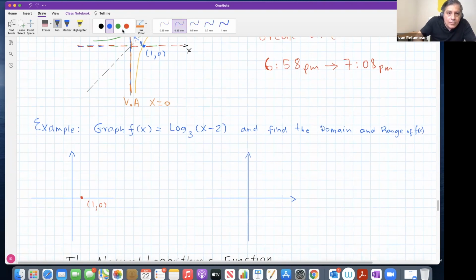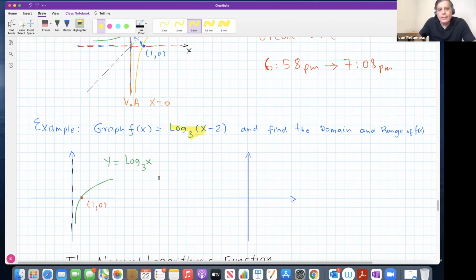The graph shows this vertical asymptote. The graph gets closer and closer to that vertical asymptote but never touches it. So just like this. This is the graph of y equals log base 3 of x. So start with something that you know. That's that.